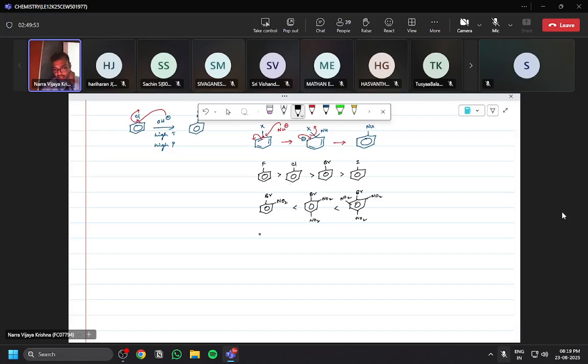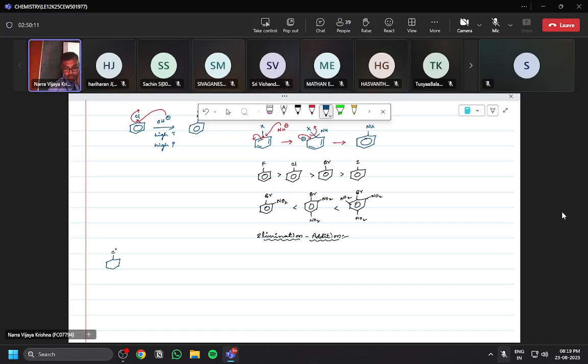Next one, elimination-addition mechanism. Now, how does this reaction occur? See this.